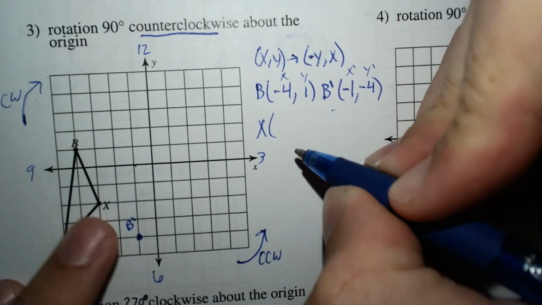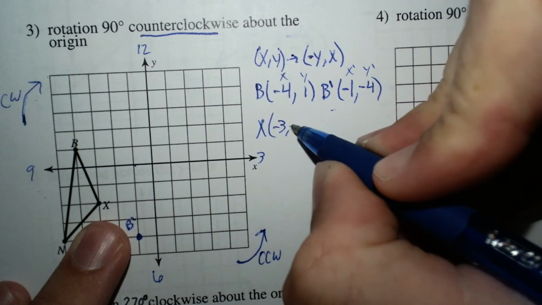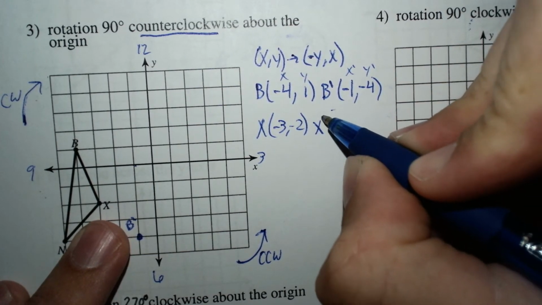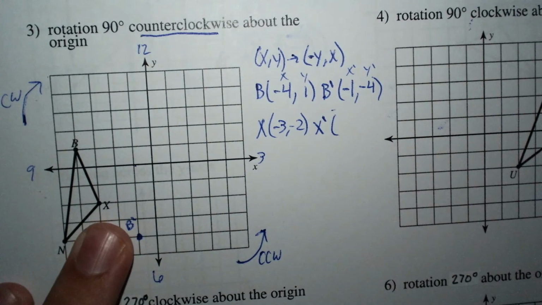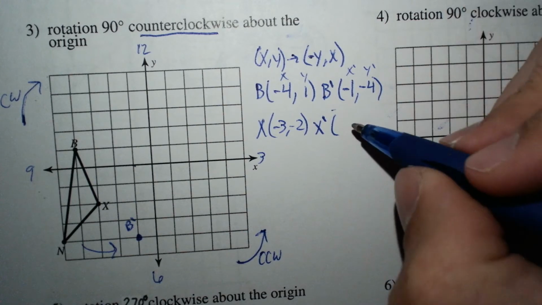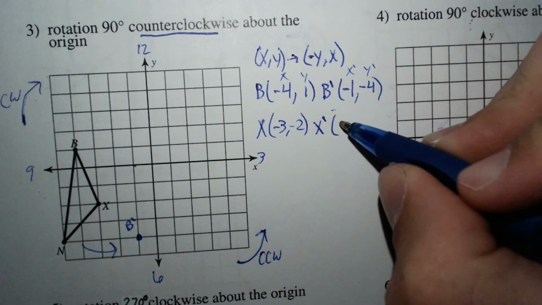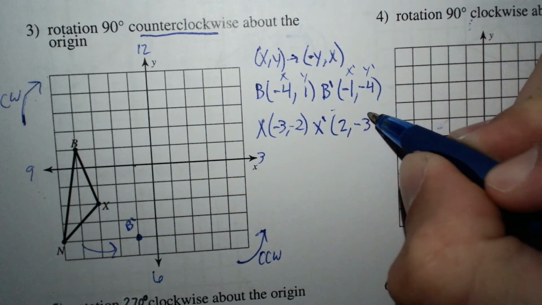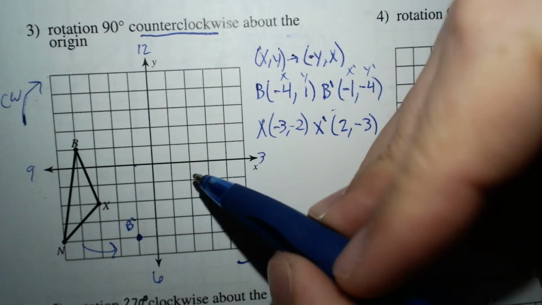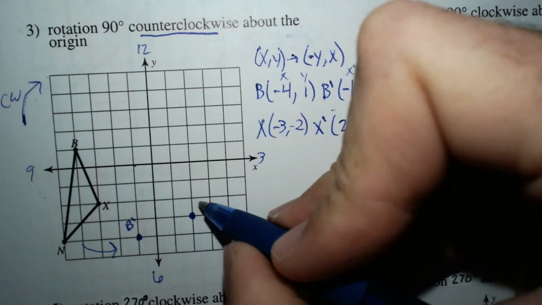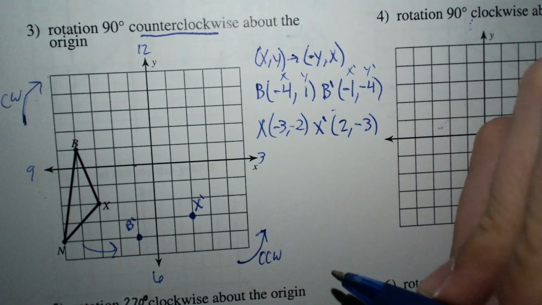X here is negative 3, negative 2. So x prime is going to go from negative 3, negative 2. Our 2 is going to come first, and we're going to go to the opposite. And then we're going to keep our x. It's going to be 2, negative 3. 2, negative 3 there. That's x prime.